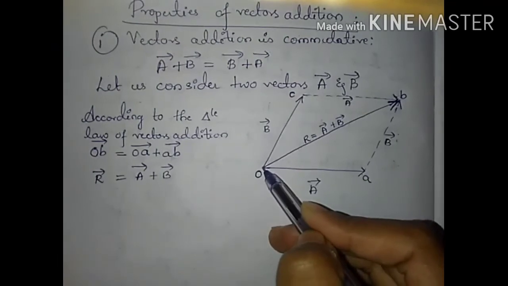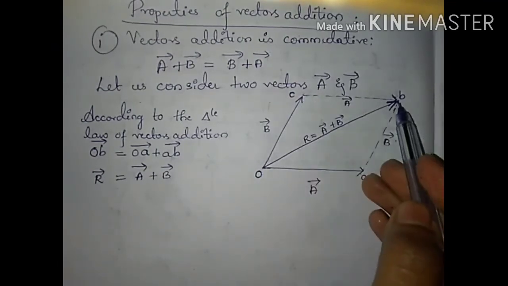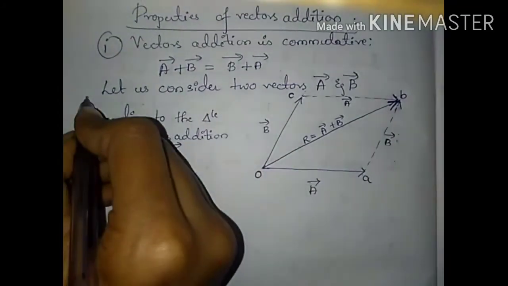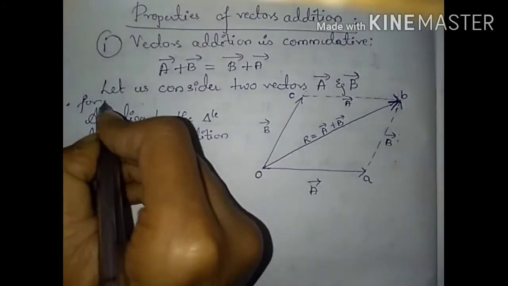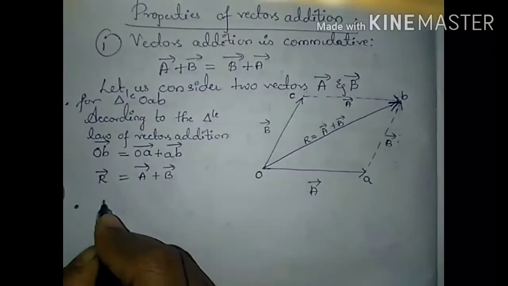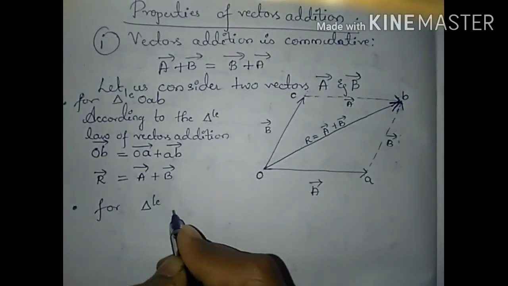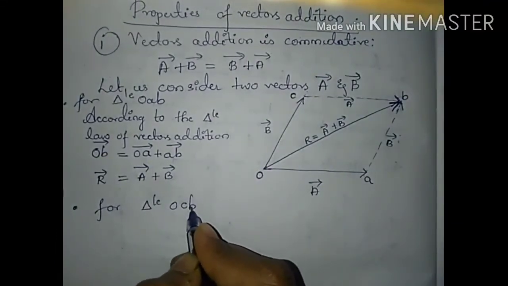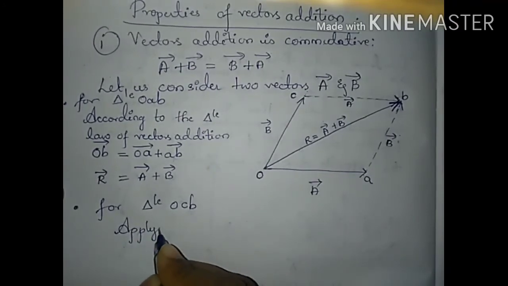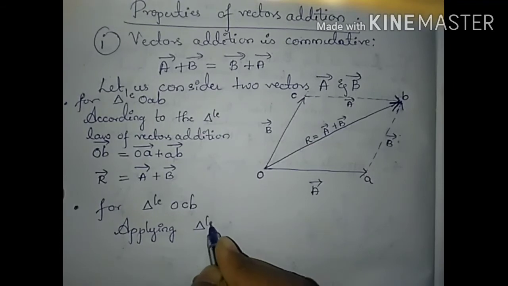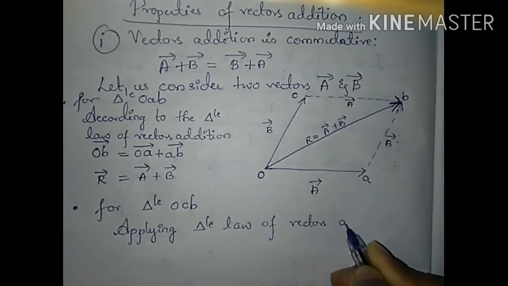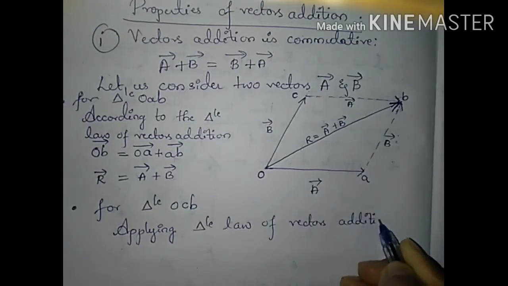Now again apply the triangle law of vectors addition to triangle OCB. This is for triangle OAB and for triangle OCB. So by applying triangle law of vectors addition, so you get what?